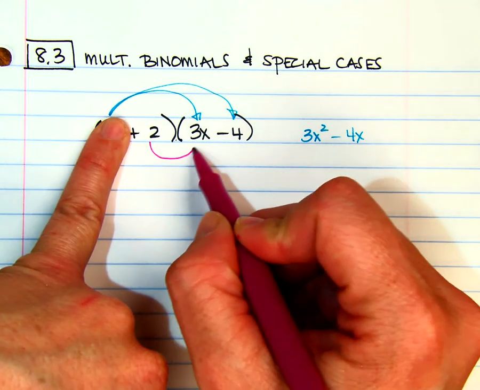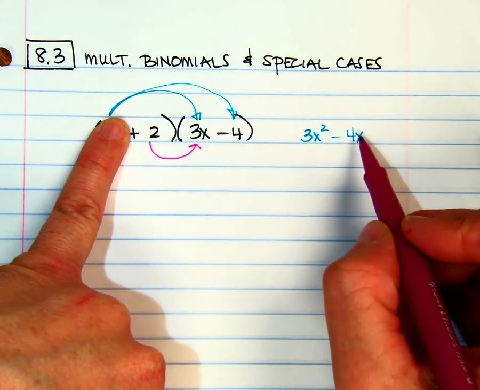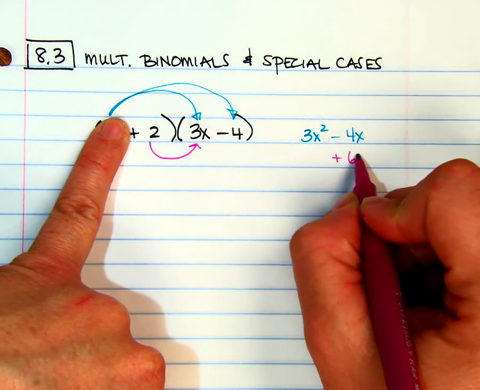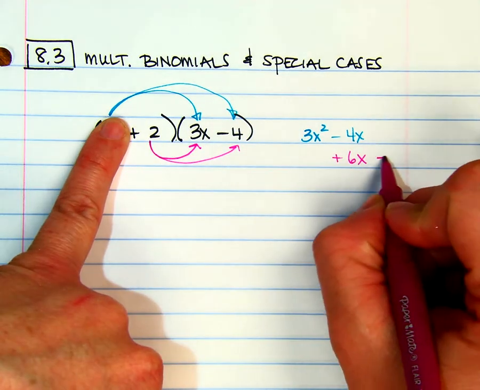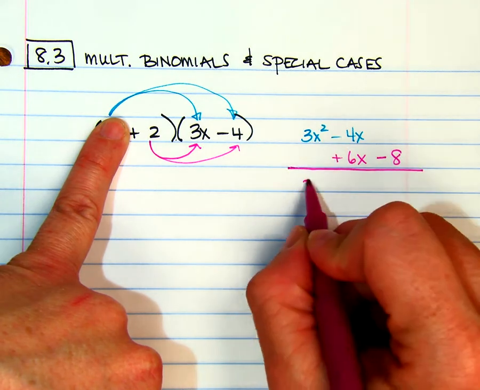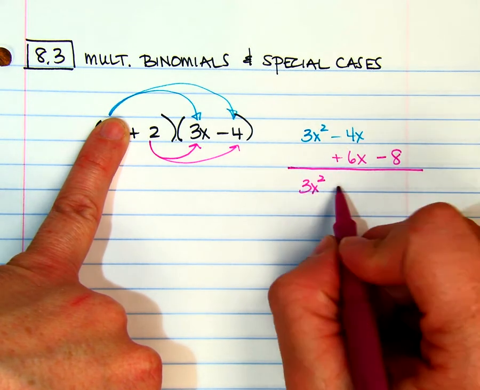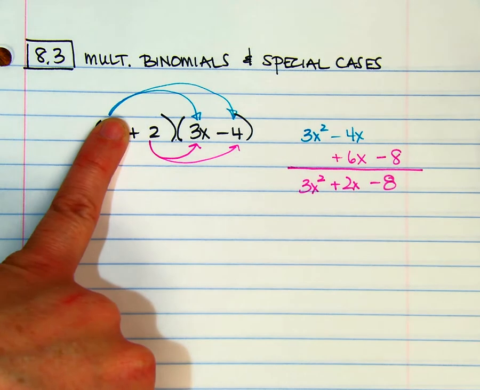So 2 times 3x gives me 6x. I already have an x, so I am going to just line it up. And then 2 times a negative 4 gives me a negative 8. So I have 3x squared plus 2x minus 8.